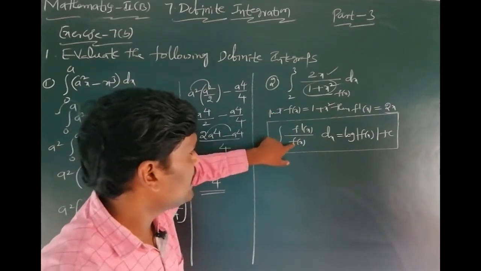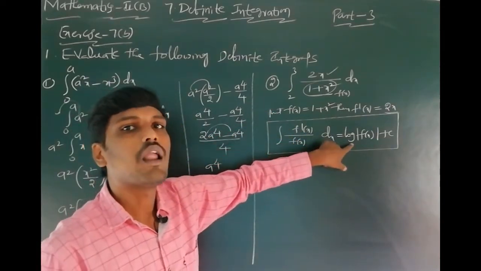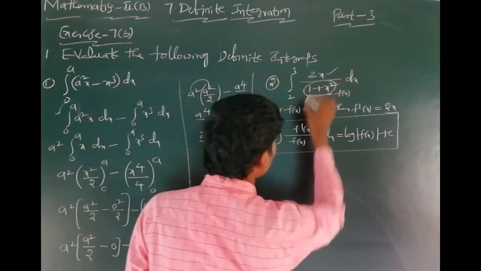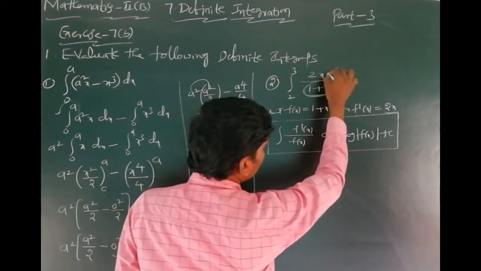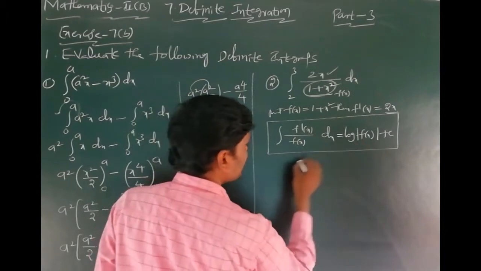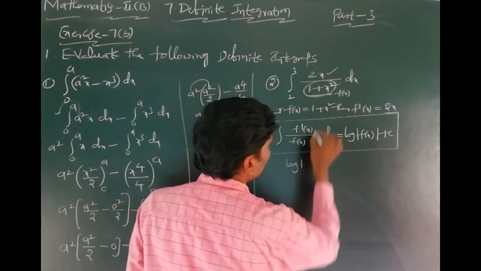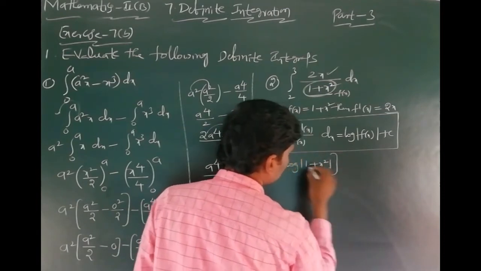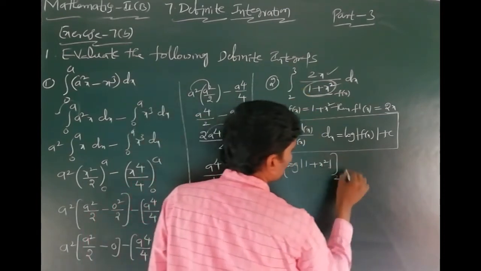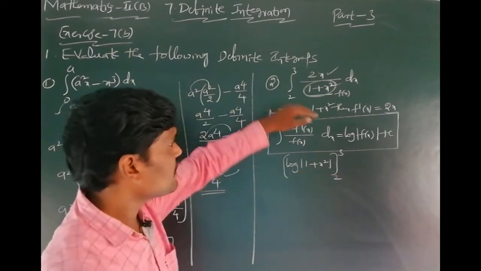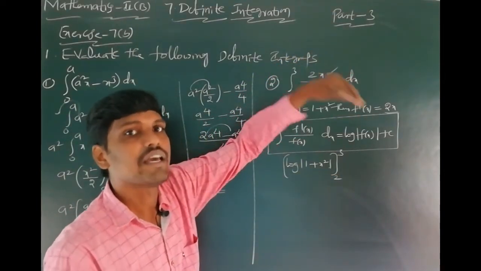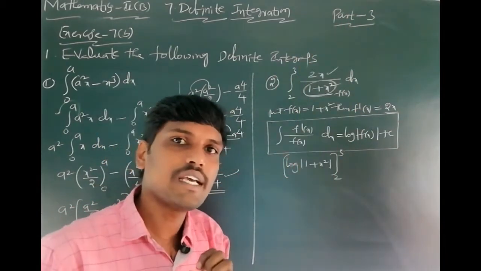Here what is the value of f of x? It is in the form of integral f dash x by f of x, so you can write this formula: log of mod of f of x, where f of x is 1 plus x square, with limits 2 to 3. This is in the form of integral f dash x by f of x into dx.